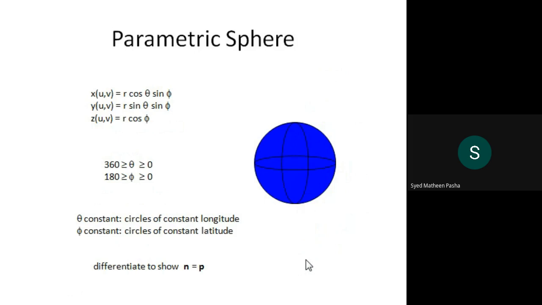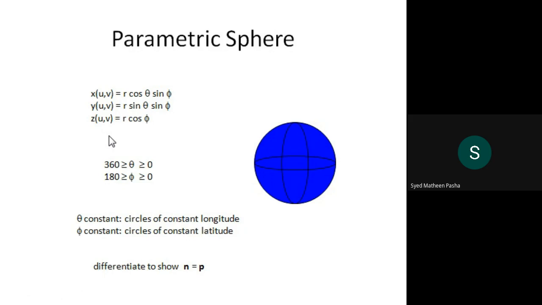Then we have the sphere as well. What does a sphere tell us? It is actually a combination of ovals, right? So how do you calculate the parametric sphere? With respect to two parameters U and V, with some angles theta as well as phi: x is r cos theta sine phi, then y is r sine theta sine phi, and with respect to z, you are just taking the cos term.